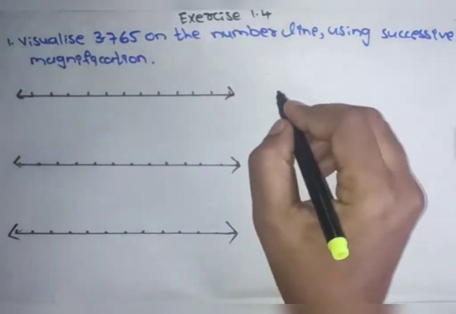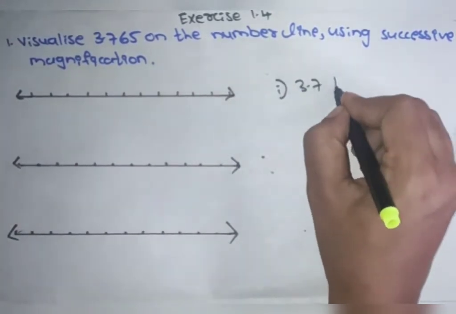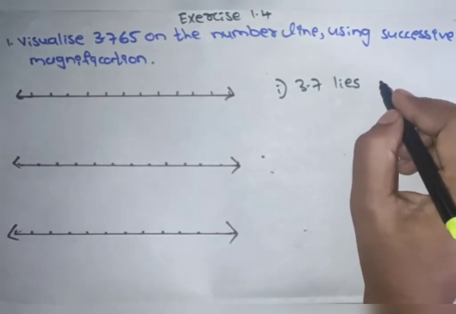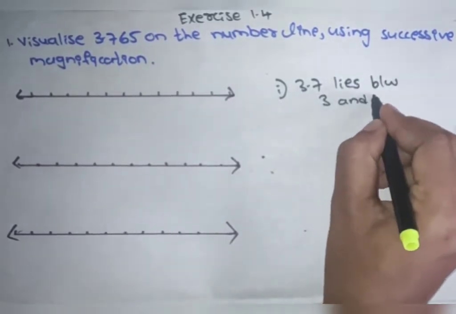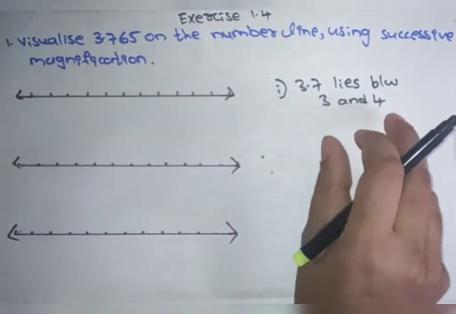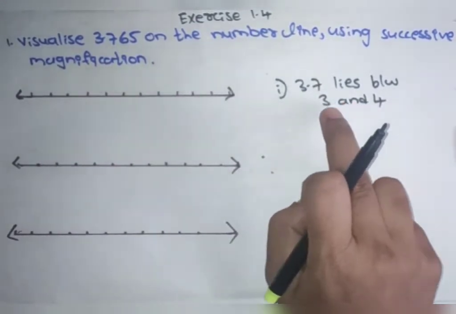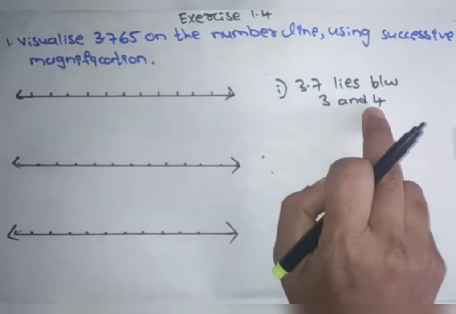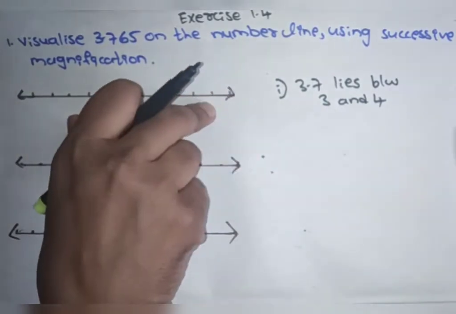3.7 we will see first. Now 3.7 lies in between which numbers, students? Between 3 and 4. You should be clear with this. If you have a clear idea that 3.7 is lying between 3 and 4, it is very easy to locate 3.7 on the number line in the first step.